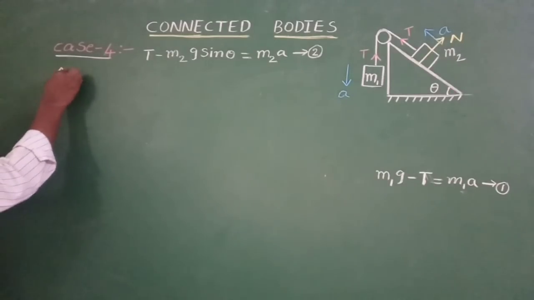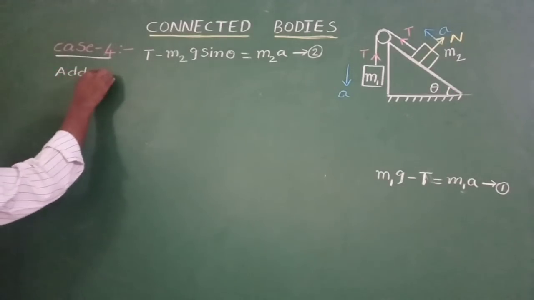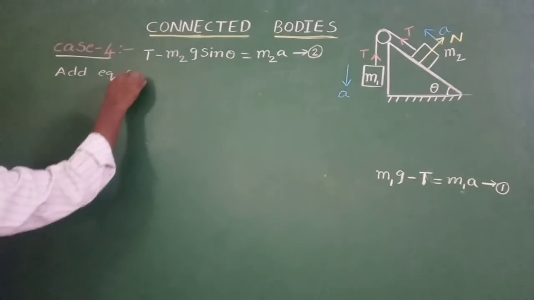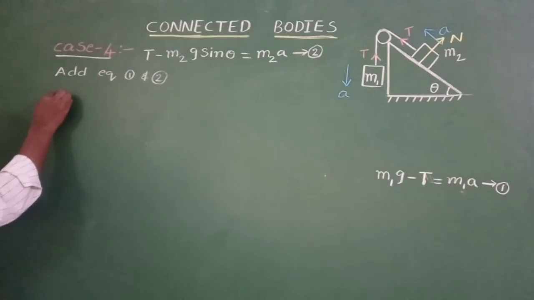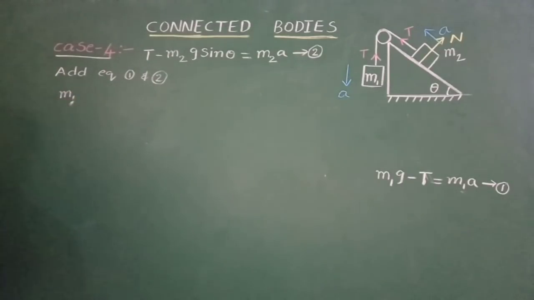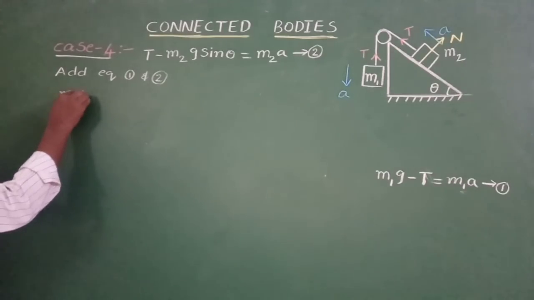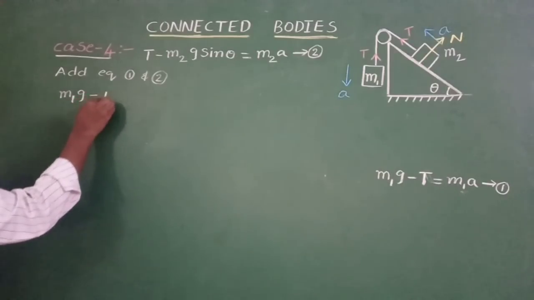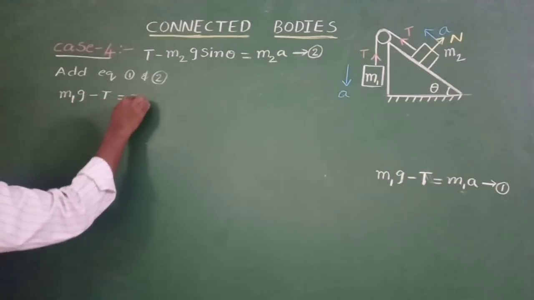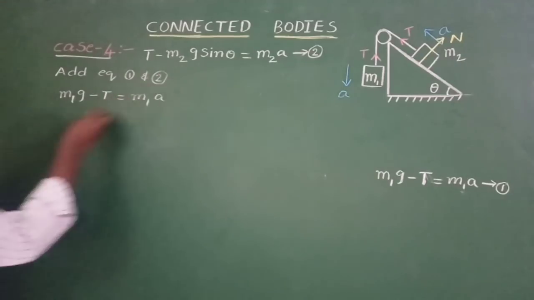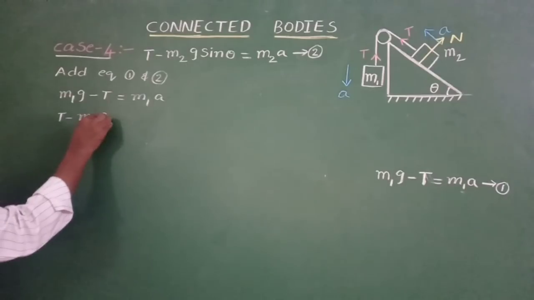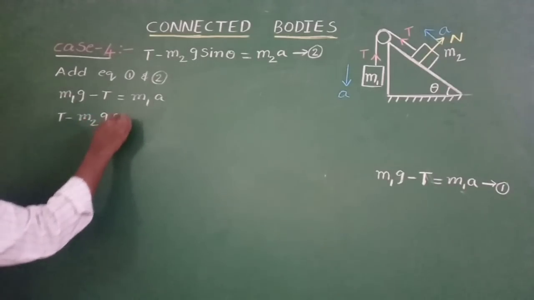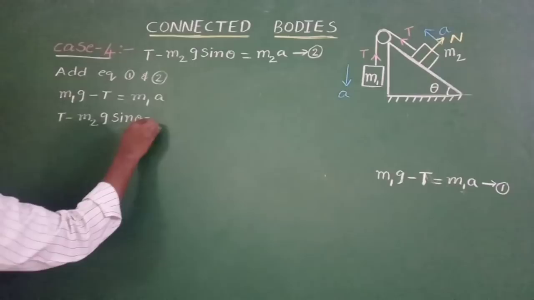Add equation 1 and equation 2. Equation 1 is m1g minus T is equal to m1 into a. Equation 2, T minus m2g sin theta is equal to m2 into a.